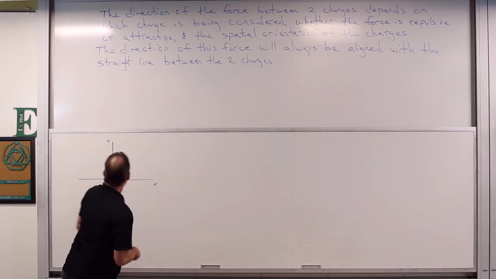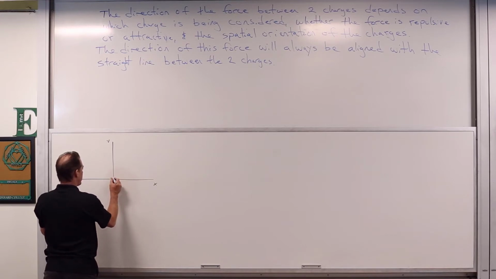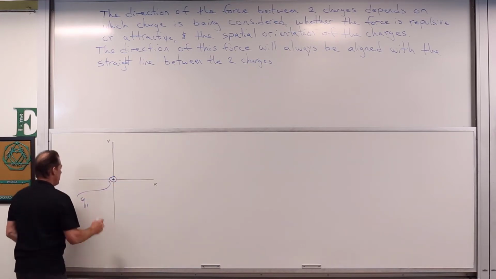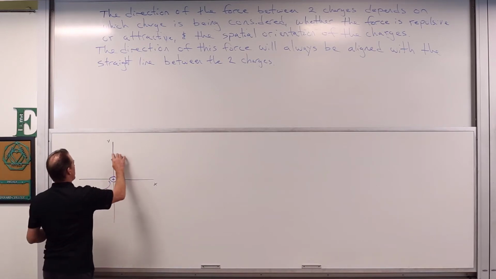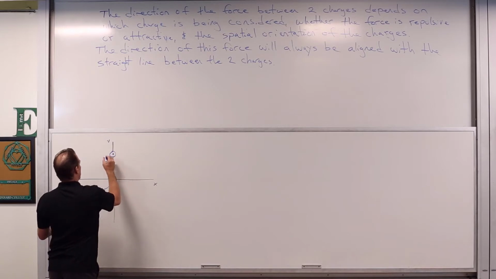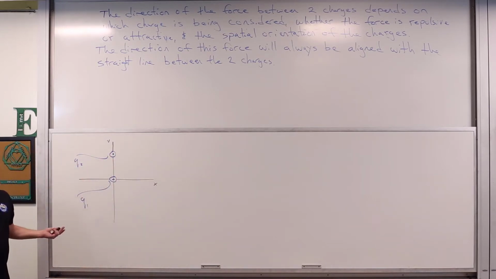I'm gonna take 2 charges. I'm gonna take one charge and say we've got a charge here, plus charge. We'll call that Q1. And then I'll take another plus charge. We'll call that Q2. And we'll just ask, hey, what is the direction of the force that Q1 exerts on Q2?